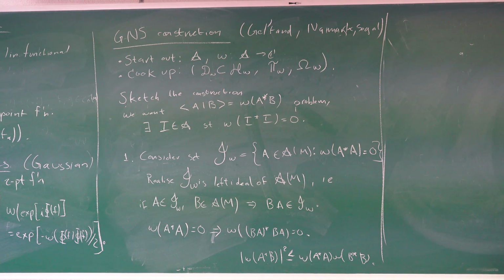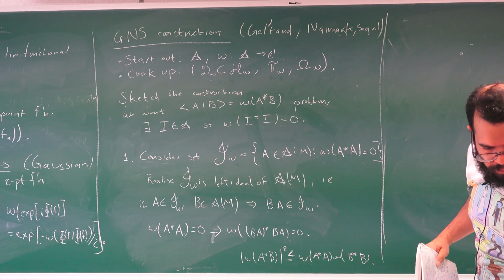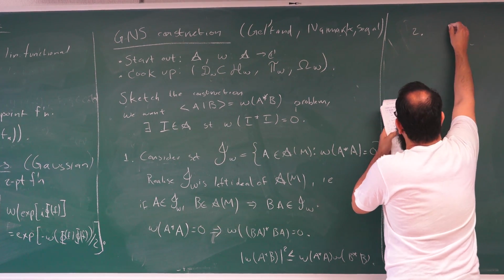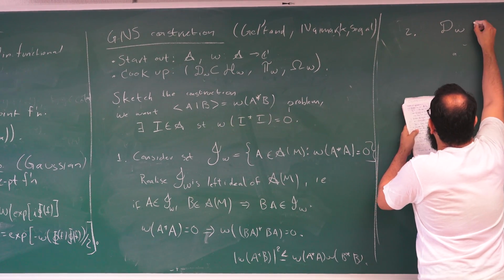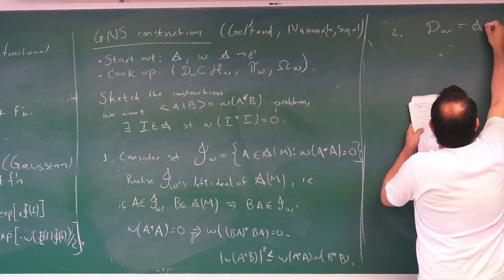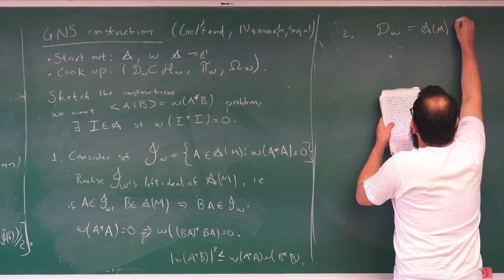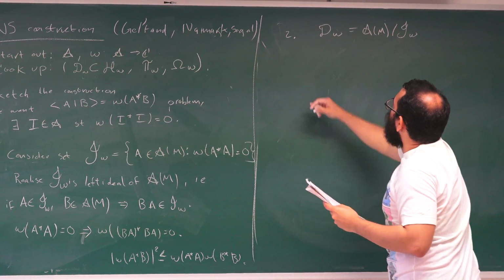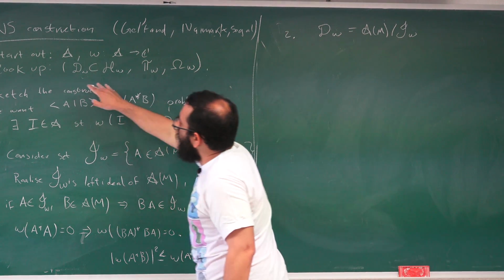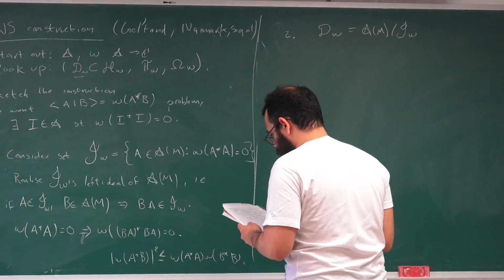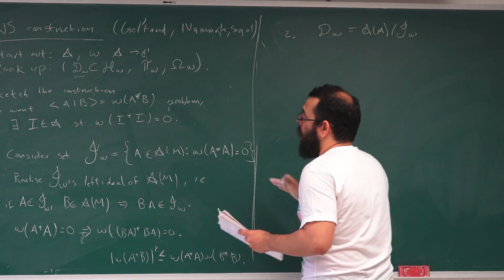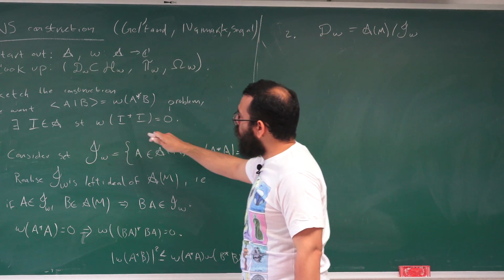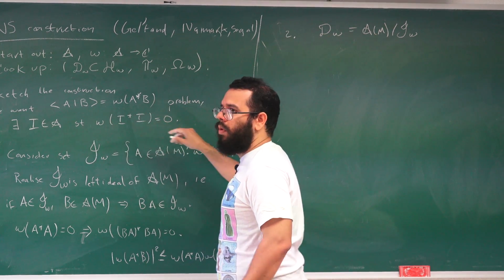Now, step number 2 is to quotient the algebra by that ideal and define this friend, D_W. And D_W, as you can see, is this guy. We will see in a minute why. Well, it turns out that if you quotient by the ideal, there's no obstruction anymore to making this an inner product.